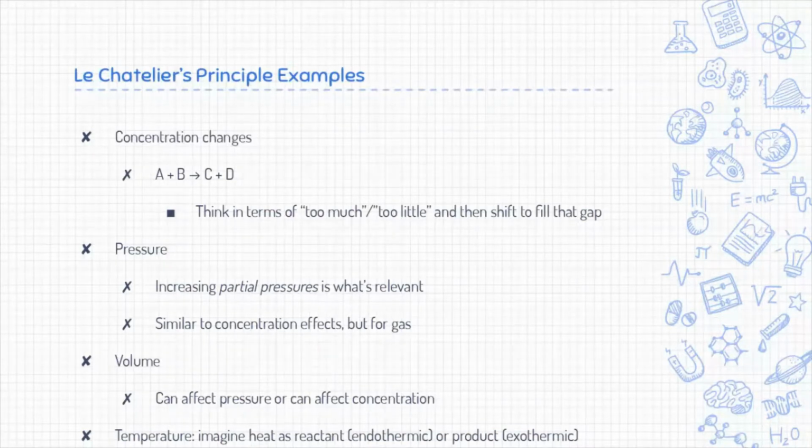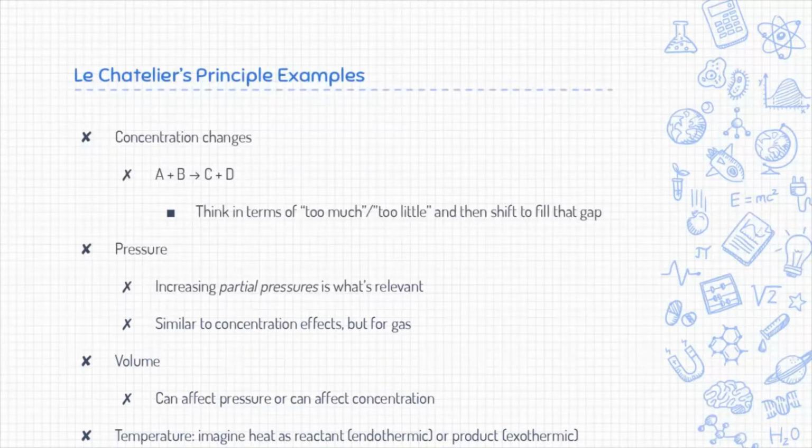Changing the volume is a little bit complicated. If you increase the volume, then the concentrations of each species that's reacting are going to decrease. If you decrease the volume, those are going to increase. Same thing for pressures: if you have gases and you decrease the volume, the pressure is going to increase. If you increase the volume, the pressure is going to decrease. We have more about this on the next slide, but I'll explain now.